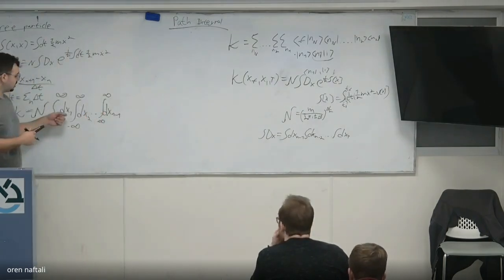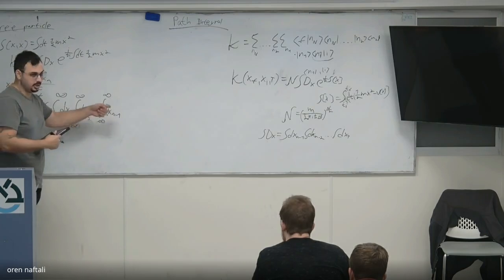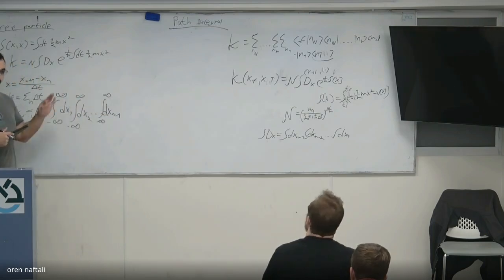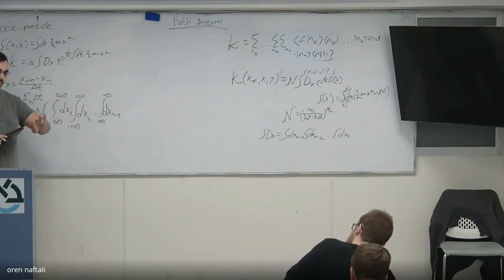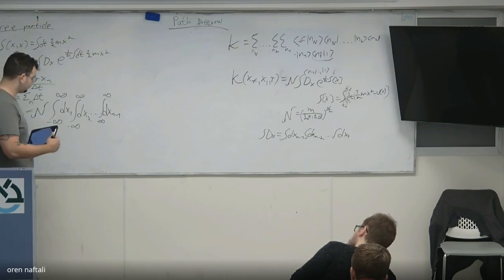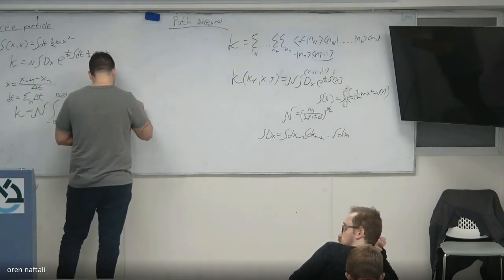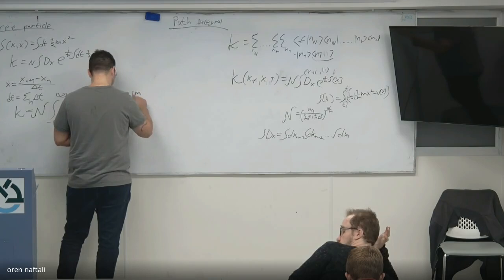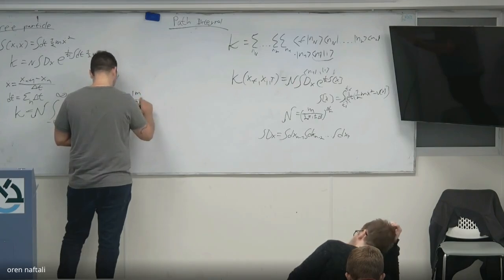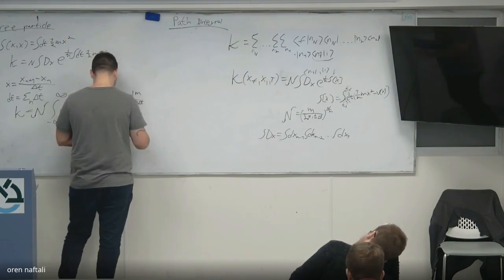Again, note that we start with 1 and end with n minus 1 because we know definitively the starting point and the end point. e to the i over h bar delta t.